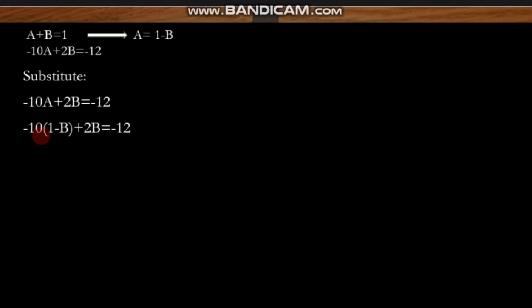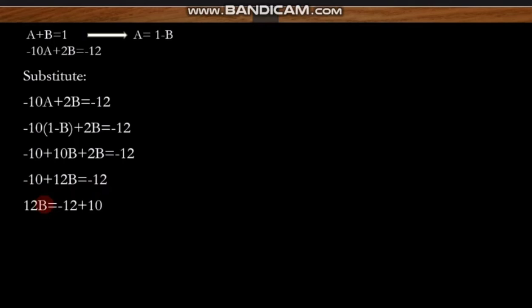Substituting, we have now negative 10 times the quantity 1 minus B plus 2B equals negative 12. So distribute negative 10. We have now negative 10 plus 10B plus 2B equals negative 12. Simplify. We have now negative 10 plus 12B equals negative 12.